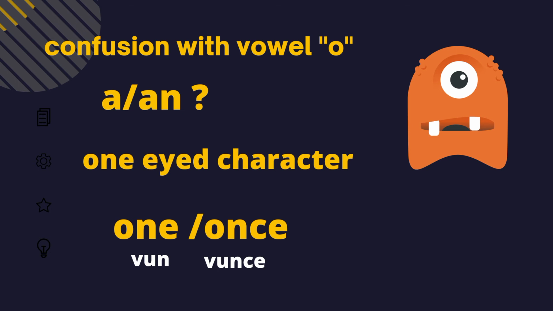The letter O is not producing its usual sound O. It's producing a different sound in one and once. It's W sound, not the O sound. So we can say there was a one-eyed character in the story.